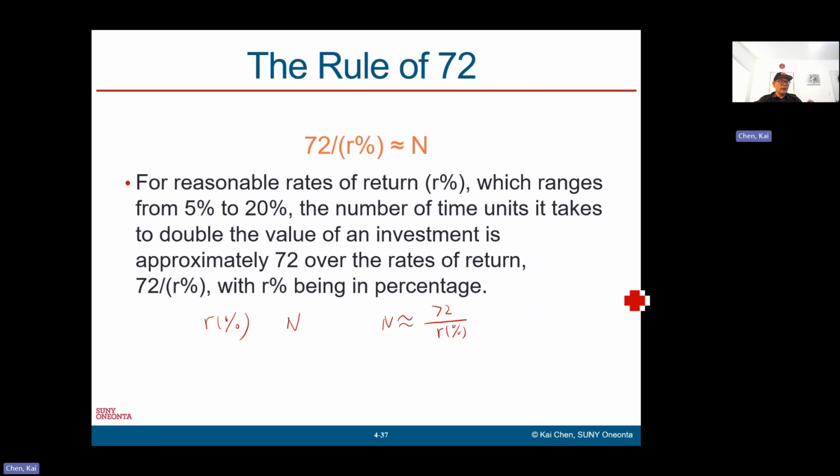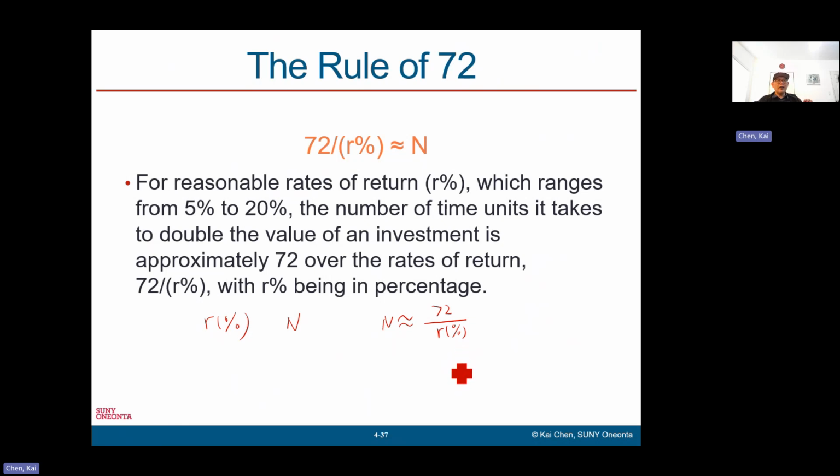Here, there is a condition. First of all, if we want to use this approximation, N and R should be consistent, right? If the unit of N is year, then R should be yearly interest rate. If N is month, then R should be monthly interest rate. That is the first point we have to keep in mind. The second point is, the R should be expressed in percent.